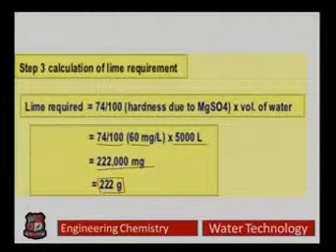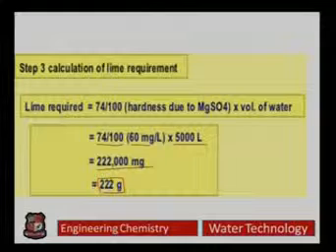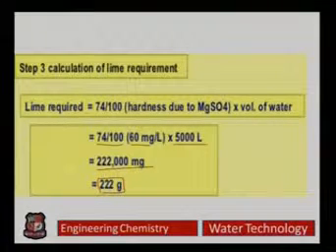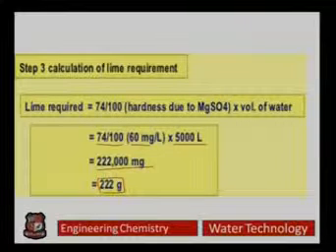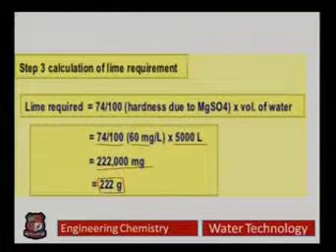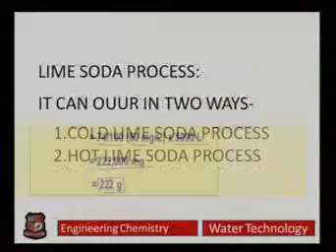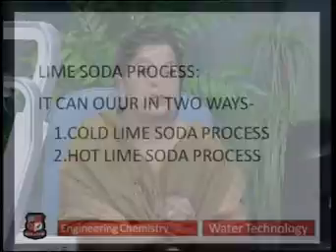So in this manner we can calculate whatever the number of salts present, whatever the type of salts present, we can convert them into their CaCO3 equivalent, and accordingly we can calculate the lime requirement or soda requirement on the basis of the formula given. So this whole part is the principle of the lime and soda process, how softening is done by precipitation, and how we can calculate the amount of lime or soda to carry out softening.